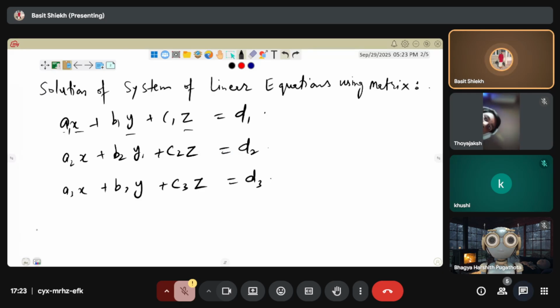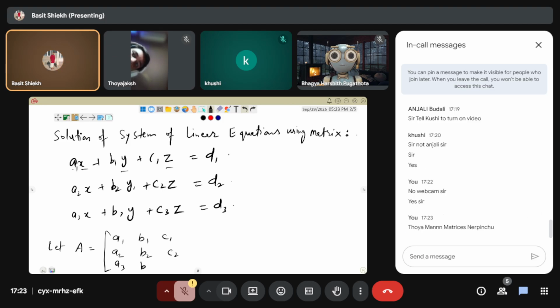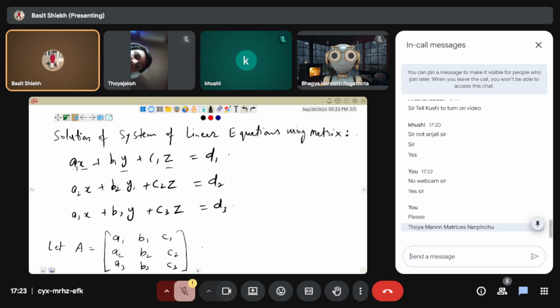Now consider A equals [a1, b1, c1; a2, b2, c2; a3, b3, c3].